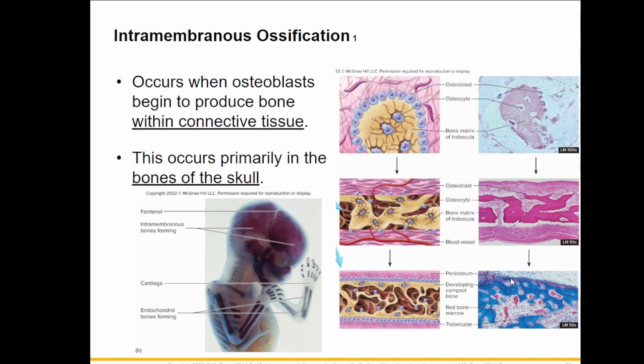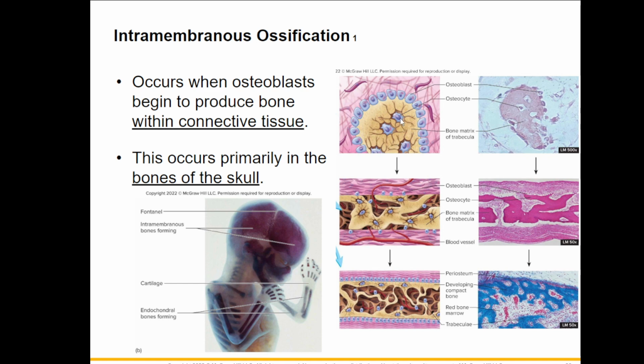So we are first going to be talking about intramembranous ossification. As mentioned, the starting material in intramembranous ossification are connective tissue. So the osteoblast will begin to produce bone inside this connective tissue. So as you can see in this image, you can see the surrounding. These are all connective tissue. And then you see the osteoblast lining up, and they will start to produce bone matrix inside, no?